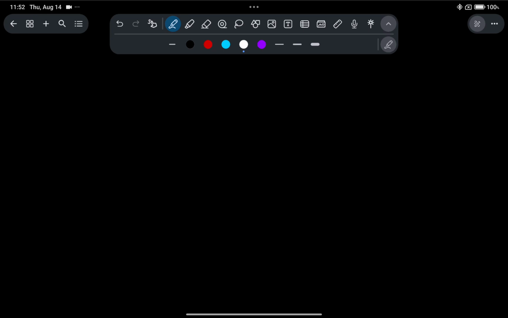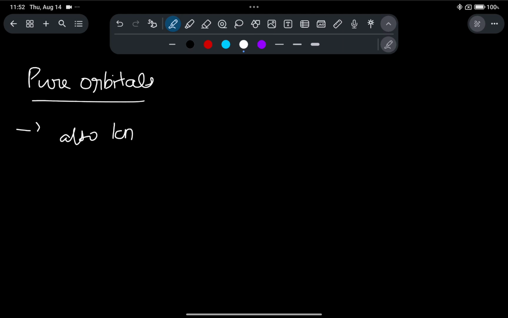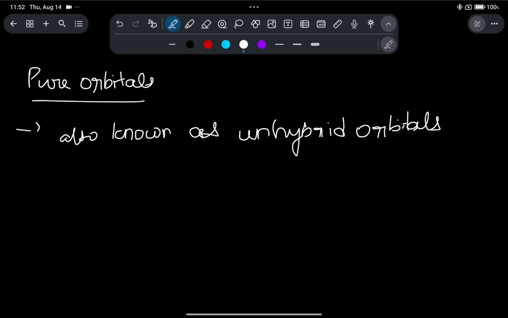So, pure orbitals. Pure orbitals are also known as unhybrid orbitals. Unhybrid orbitals means those which are not participating in hybridization are called pure orbitals or non-hybrid orbitals.